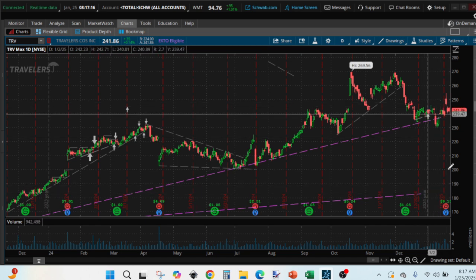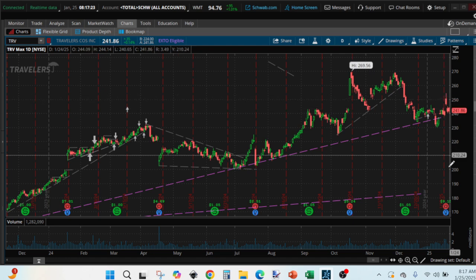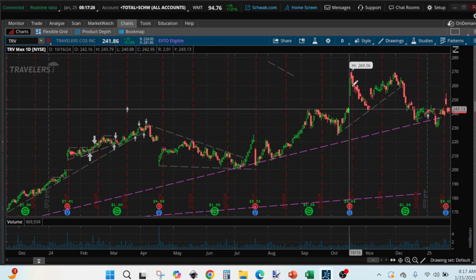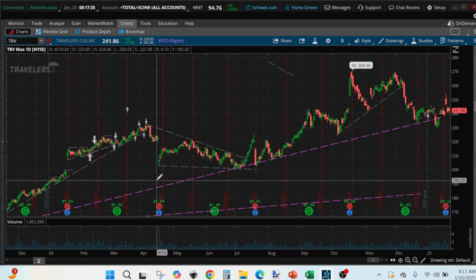Because there are two things that can happen during earnings time. It will either go up or it will go down. If it's going to influence the price, you see, it'll gap up. It gapped up here, just like it could gap down, and you can see it here as well. So it goes either way.